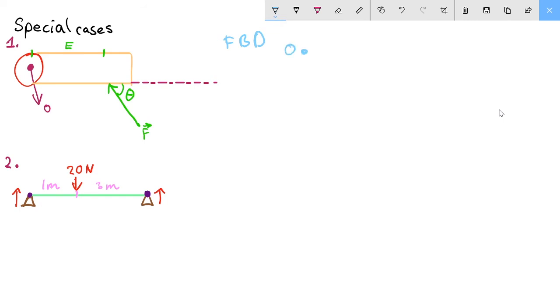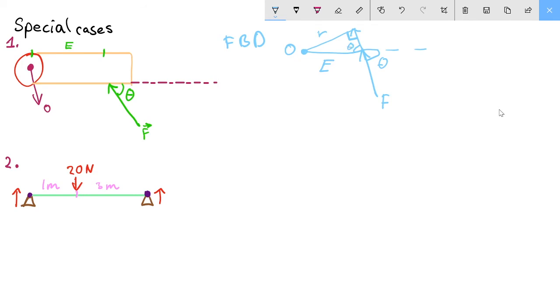So O, that point, is going to have that distance E, and then that force coming in like that at an angle theta, and then that force is going to have a line of action coming up like that, and then R is going to be the distance of that. So you can say this is 90 degrees, and since this is theta, opposite of that is also theta.